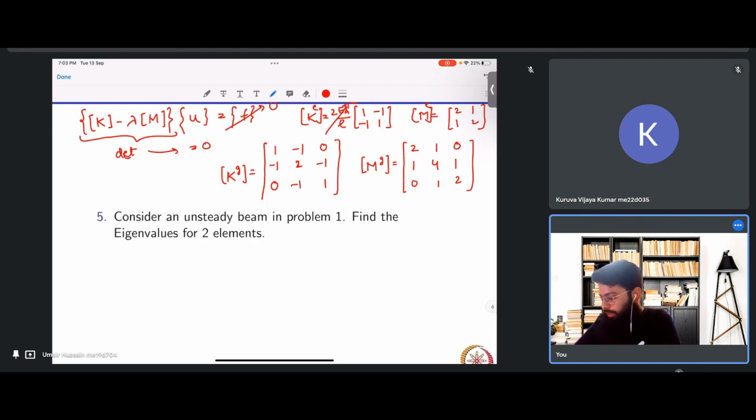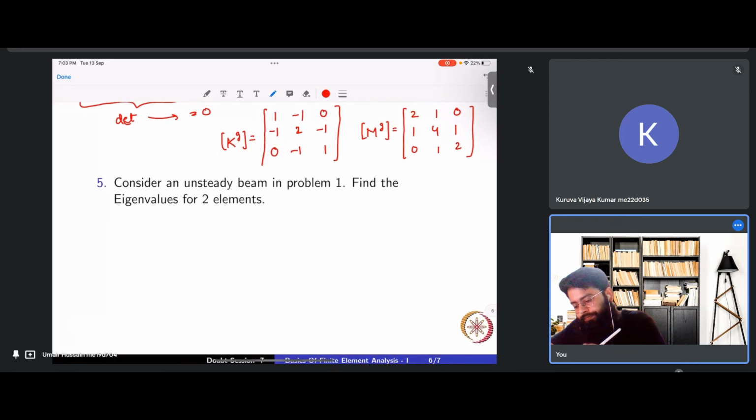So if we combine the equations here, what do we get? The final matrix is K minus lambda M, right? So the diagonal term would be 1 minus 2 lambda. Here would be 2 minus 4 lambda, and here it would be 1 minus 2 lambda. And what will be the remaining terms? So minus 1 minus 1 would be minus 2.